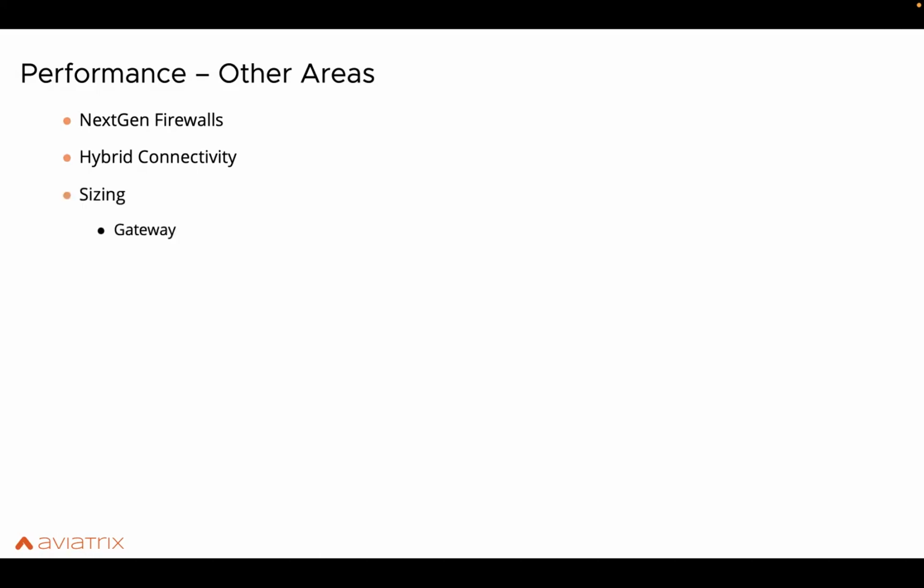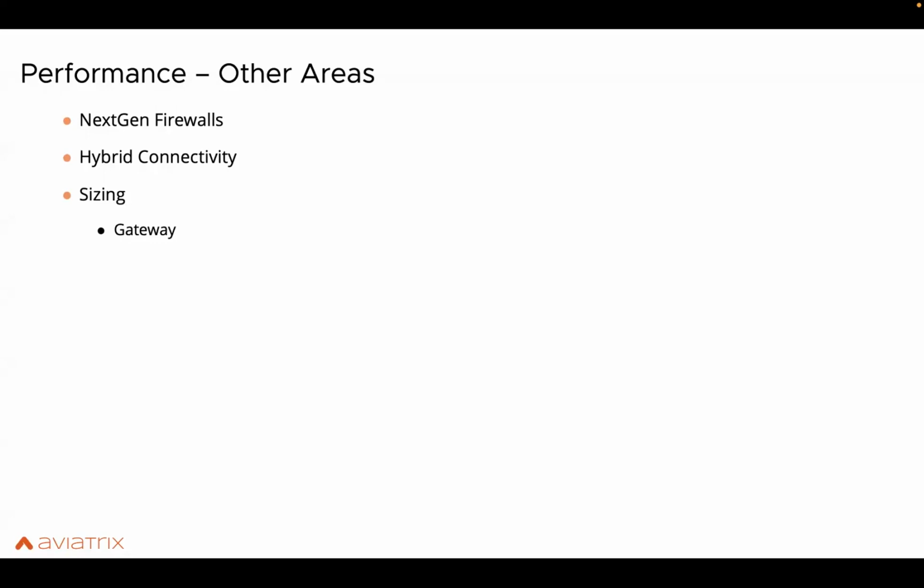From the sizing perspective, gateways are extremely critical. You have noticed in your current environment as well. And when you are doing it, either for a fictitious design or your actual design, the gateway size is playing an important role.